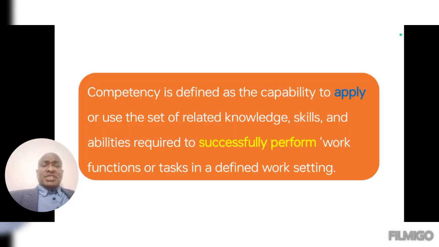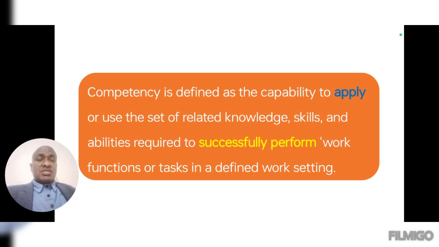Now let me move to presenting video number 101 on competency-based learning. Well, what does competency mean? Let us begin with this one.